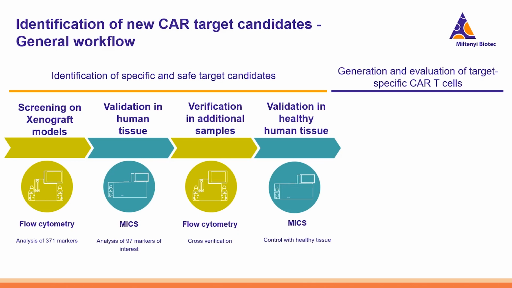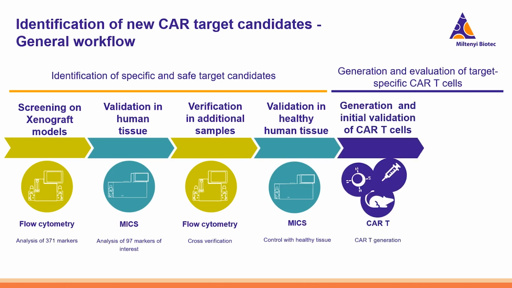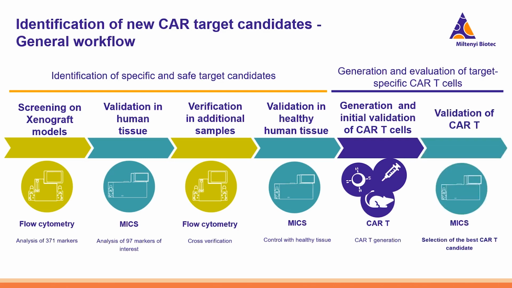Here, the outcome of this first part was 3 target candidates that were generated in the next step and validated in vitro and in vivo, with the final validation of those targets using Maxima imaging platform in the full picture of tumor tissue.